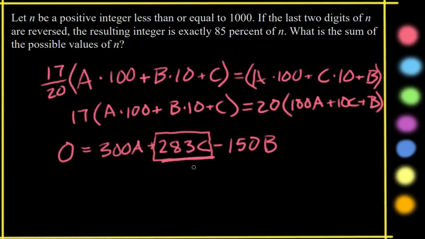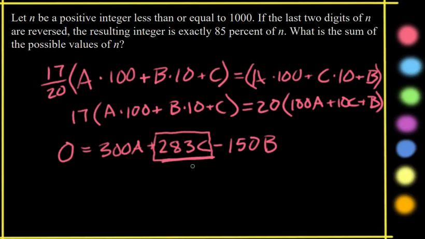And the only way, with a digit 0 through 9 for c, the only way to get this to be a multiple of 150 is to have c equals 0. So what that means is that our 3-digit number, well, okay, do we know it's a 3-digit number? I guess a could also be 0 maybe, so maybe we shouldn't jump to conclusions yet. But the c digit apparently has to be 0, and that's our ones digit.